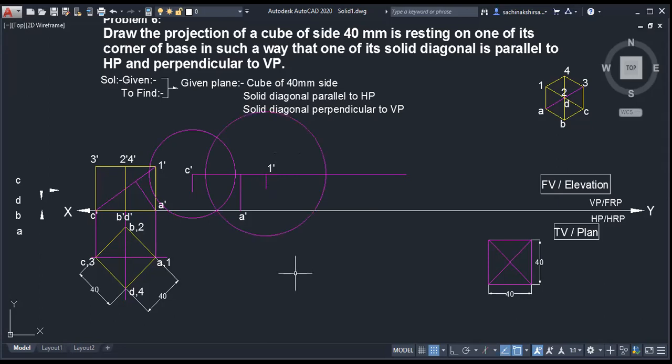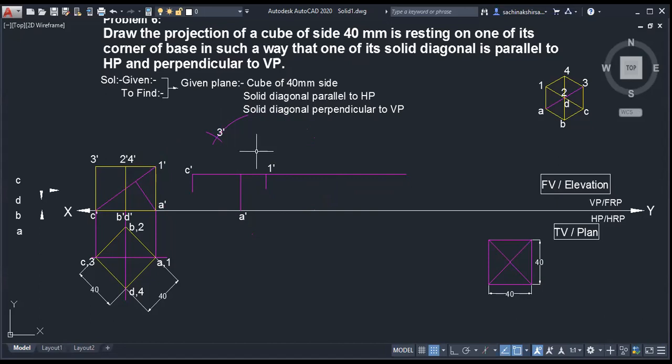Yes, sir, it will be 56 only. Okay, so which point might you have got here at the intersection? 3 dash.